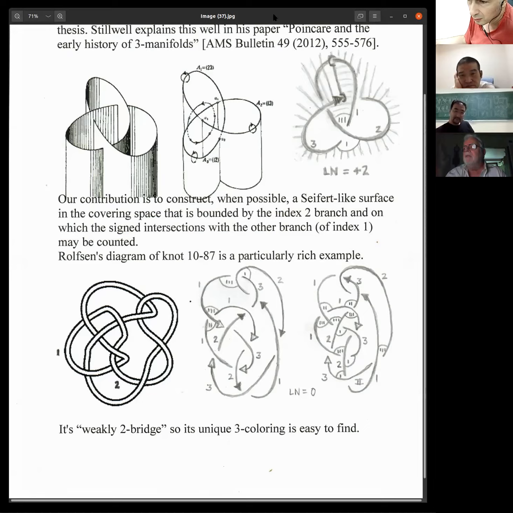So if you can construct this sort of semi-Seifert surface that bounds the index 2 curve in the covering space, you can just read off the linking number by looking at the unsmooth crossings and adding up their crossing numbers.